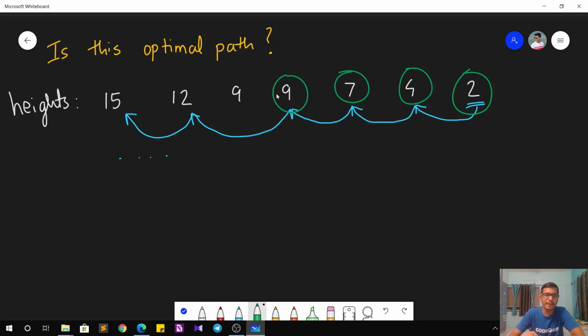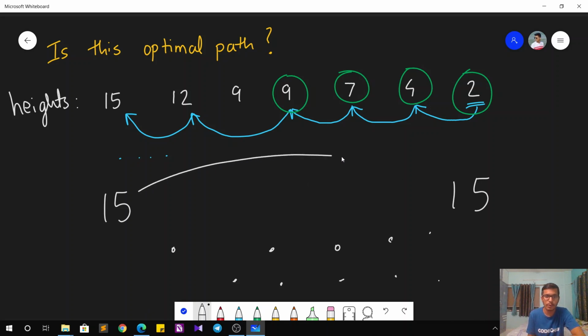In one possible case, the numbers can be the same, as you might have guessed: the case wherein the first height is 15, the last height is also 15, and in between the heights are less than or equal to 15. In that case, you can directly make one jump from the first element to the last element. So such cases are exceptional, but other than that, the numbers should be unique.